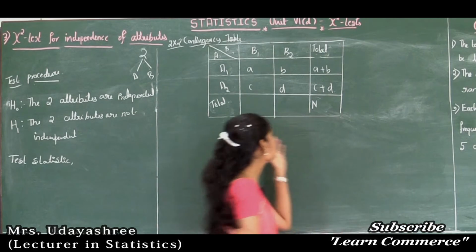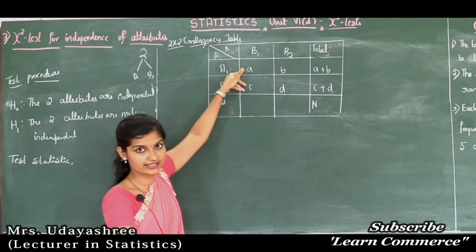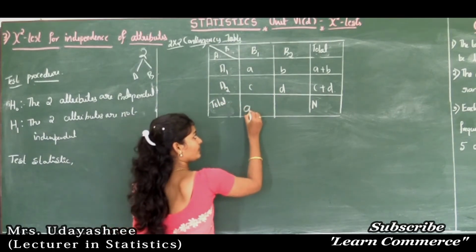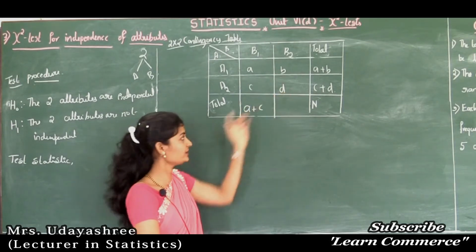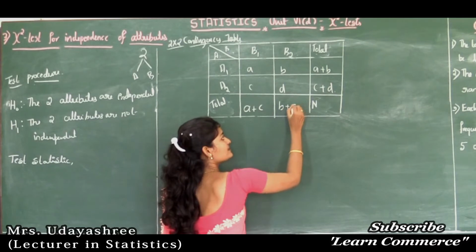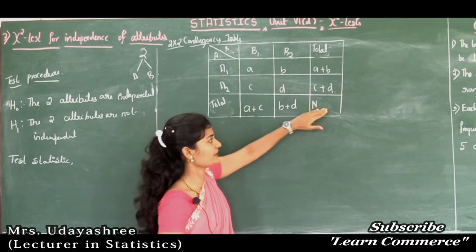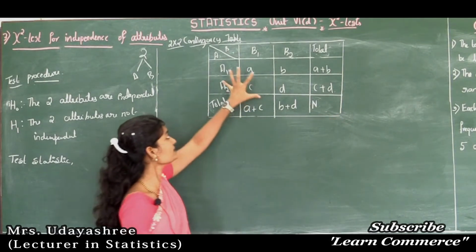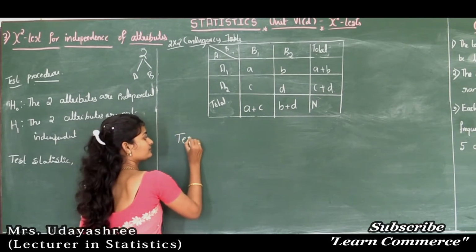Like that, here there are two frequencies, so the total is a plus c. Then here b and d are there, so the total is b plus d. Here N is the total of these frequencies, that is the overall total. Now using this contingency table we can find the test statistic.